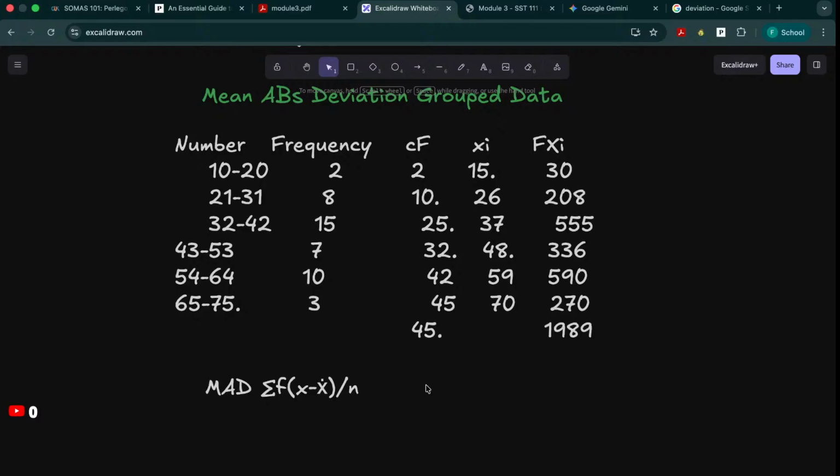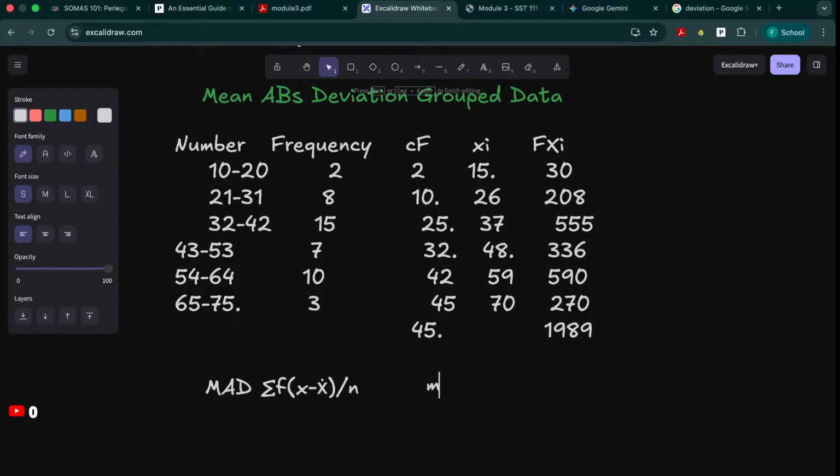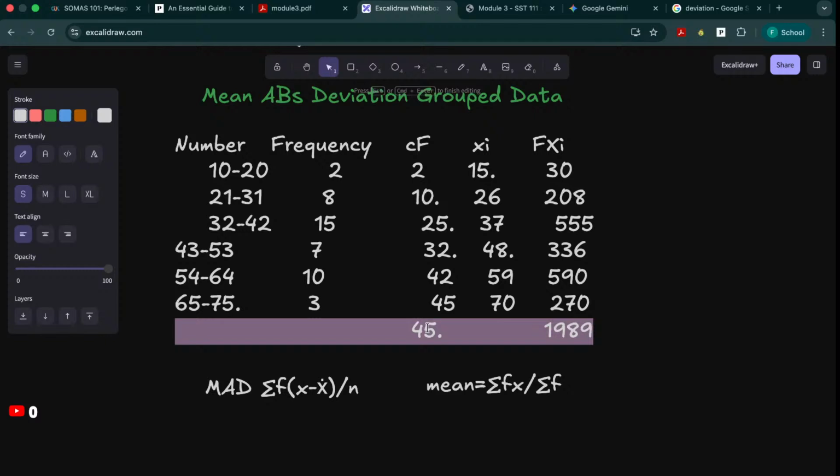The mean is calculated by the summation of frequency times x, then we divide by the total frequency. So this is our total frequency, the 45.